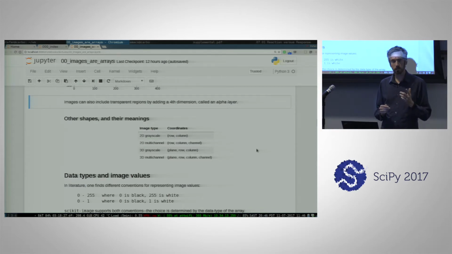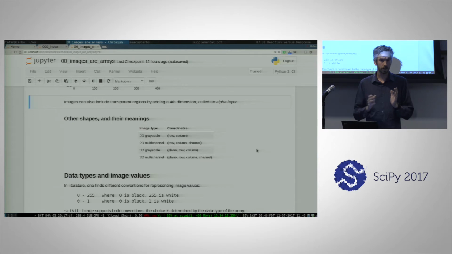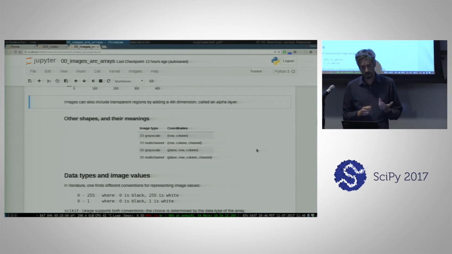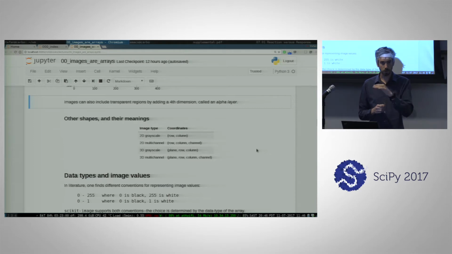We've now seen a simple gray level image, or grayscale image, with rows and columns. We've seen a color image, rows, columns by 3 for R, G, and B. But you can also have a 3-dimensional volume that you can operate on. That would be several planes, each consisting of a rows by columns image.